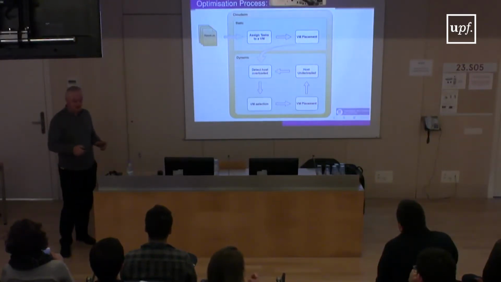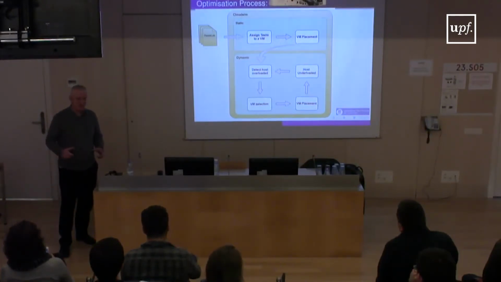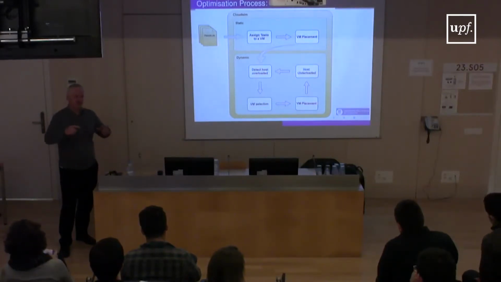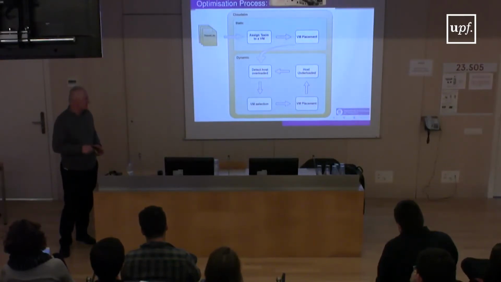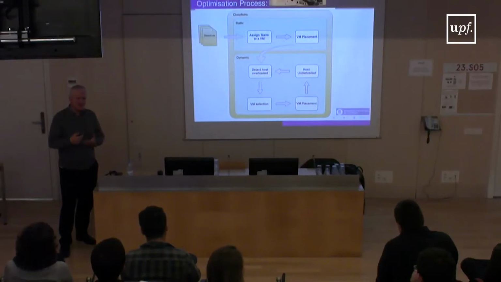In the dynamic case, obviously we cannot use a snapshot because in the meantime, while we are doing computations, that snapshot has changed. So the load of the machines, for example, has changed due to migration, all these things. So there is a dynamic setting where things keep changing.